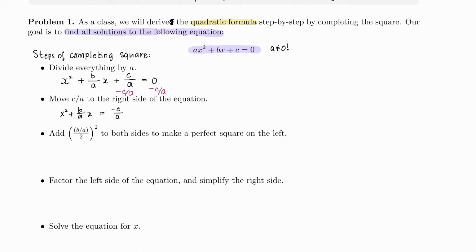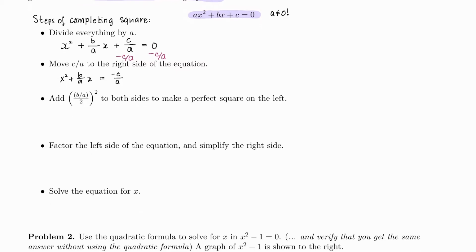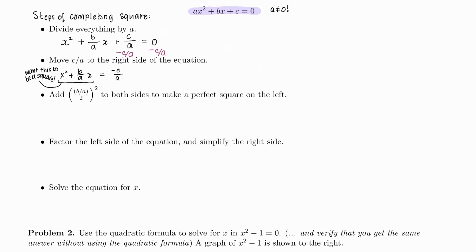Remember from completing the square that we want the left side of the equation to be a perfect square. As it's written now, it's not, but because I have an equation, I can add b over a divided by 2, squared, to both sides to make a perfect square on the left.